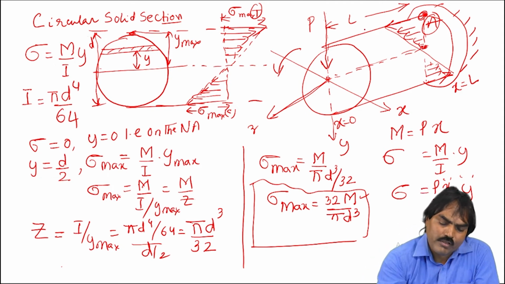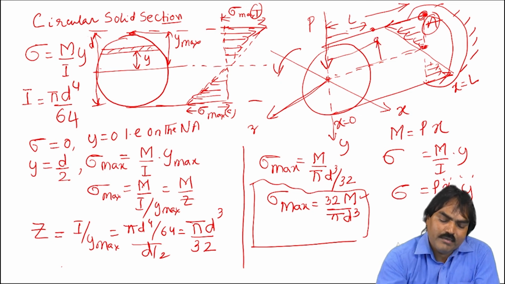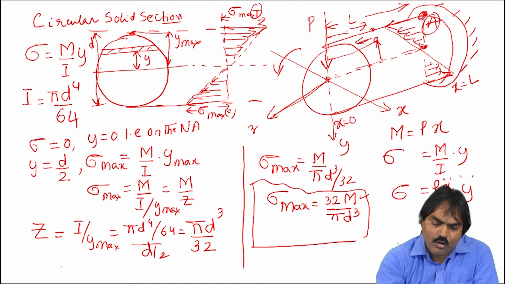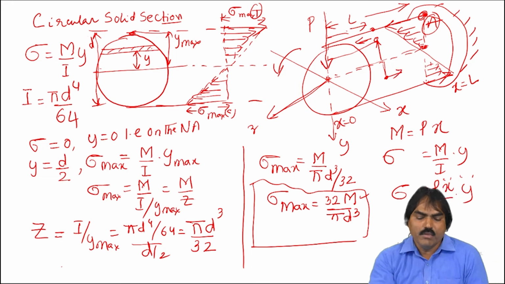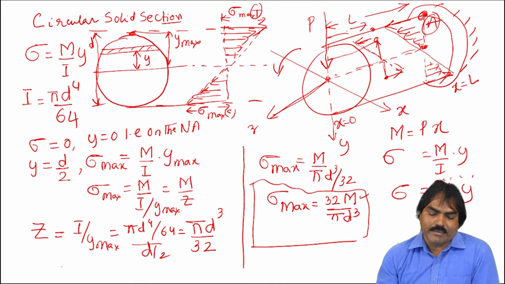This way they can ask you, say, at x equal to L by 2 somewhere, and across the depth, say y equal to d by 4, to find the bending stress, which is normal to the cross section like this. Or at the bottom, at a distance x equal to L by 2, we can find the bending stress, which is a compression in the opposite direction. So the bending stress will again vary linearly like this.